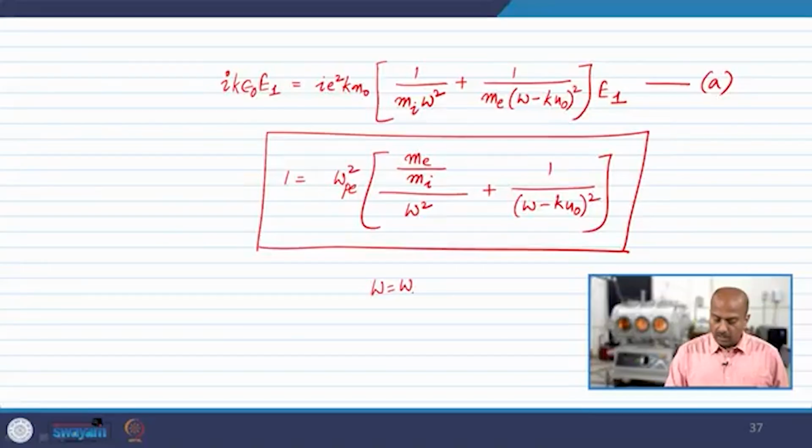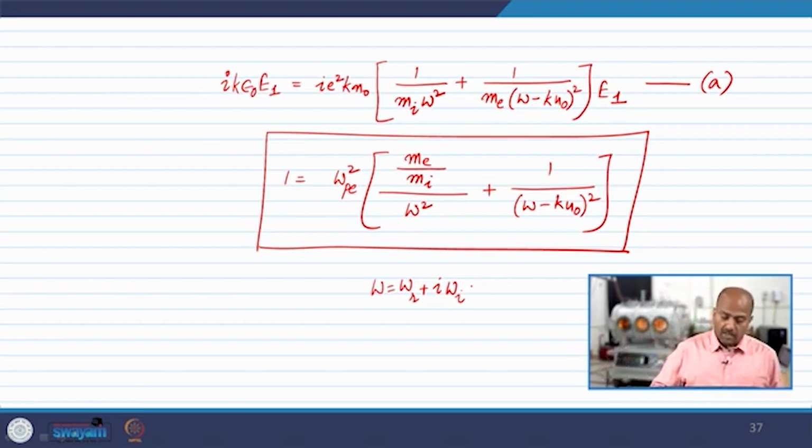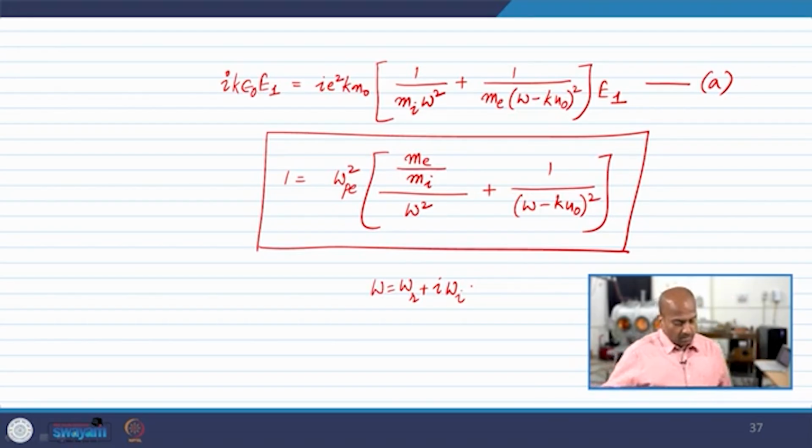So, if the wave number k is assumed to be real, then the frequency omega obtained from this equation may be complex, which means omega can be written as omega real plus i times omega imaginary. Now, if omega imaginary is greater than 0, the oscillation mode will be growing in time. Okay. That is, we are going towards the instability.